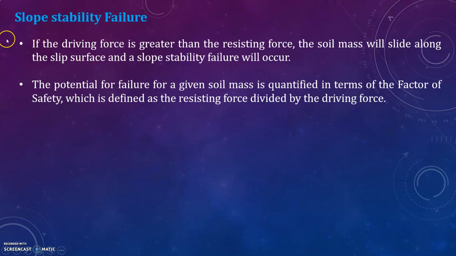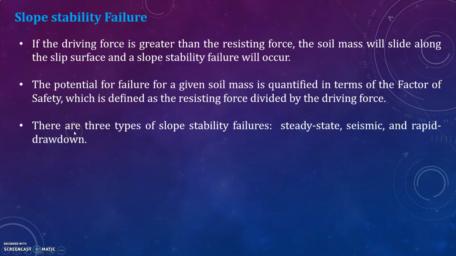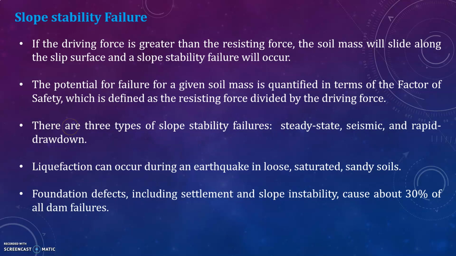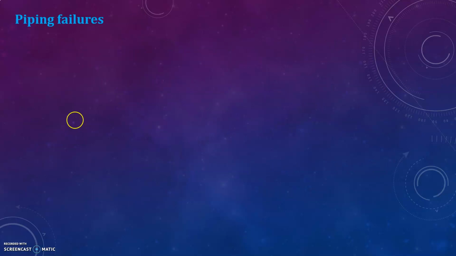There are three types of slope stability failures: steady state, seismic, and also rapid drawdown. Liquefaction can occur during an earthquake in loose saturated sandy soils. Foundation defects, including settlement and slope instability, cause about 30% of the dam failures.